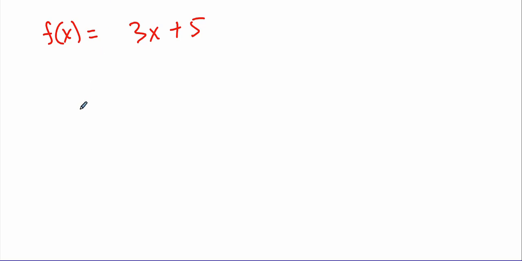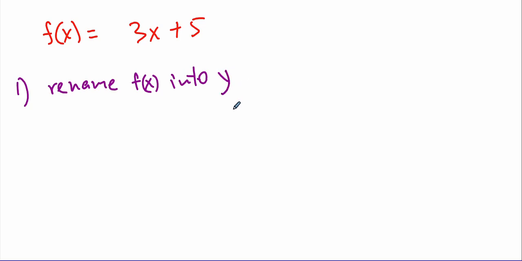Well, the procedure is the following. The first step, and typically I call it rename f of x, or g of x, whatever this is, temporarily rename f of x into y. It's really just for convenience's sake.